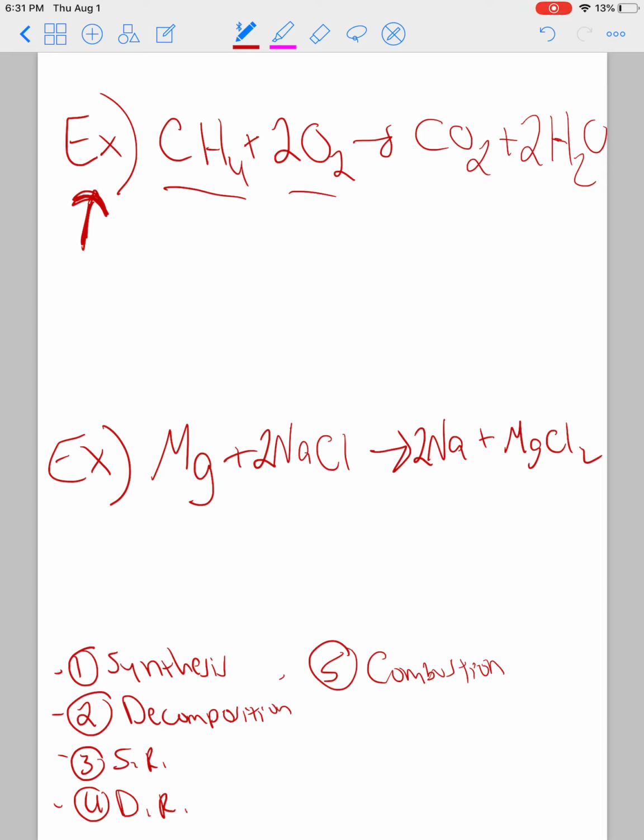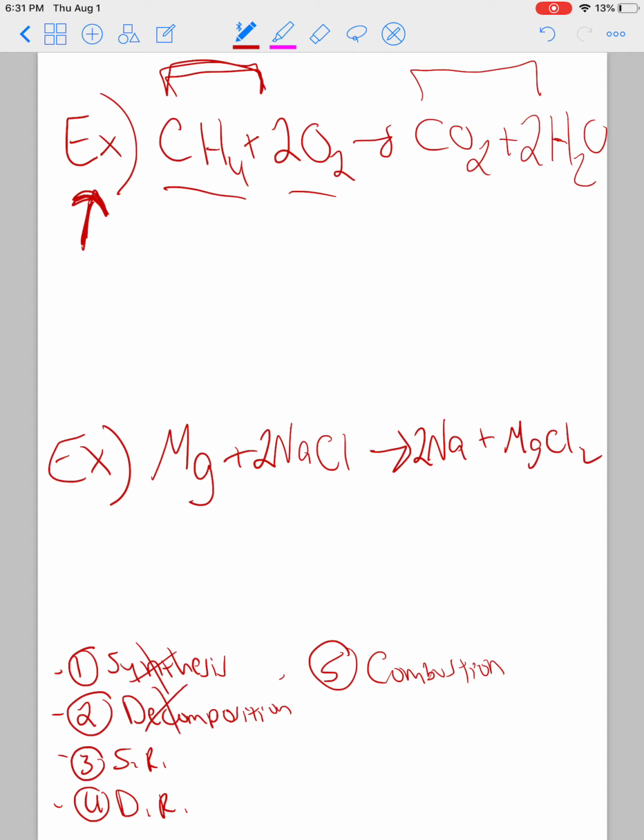No, we do not. So this is definitely not synthesis. Decomposition is the opposite of synthesis. It's where one compound reacts with heat or light and then breaks down into its separate elements. Do we have just one compound here, breaking down into single elements? No, we do not. So it's not decomposition.